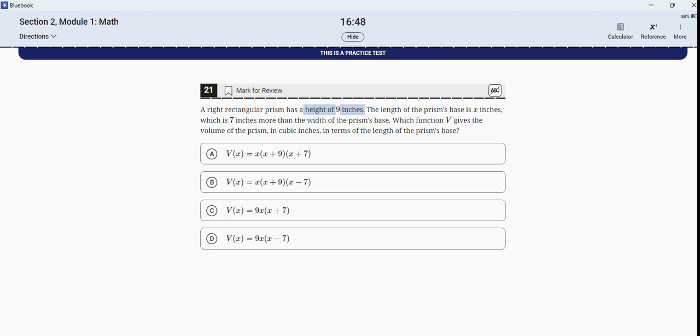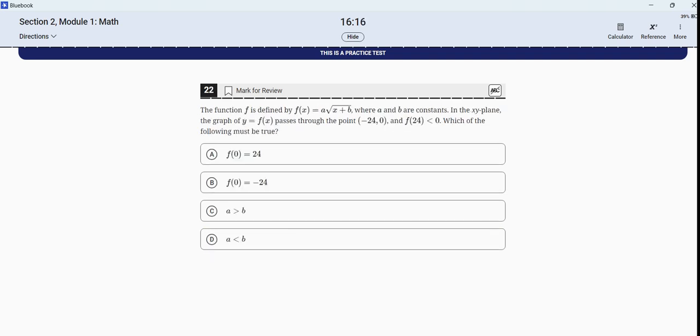So 9 times x, which is 7 inches more than the width of the prism base. So if you want to get 7 inches more, it's subtracted. So length is x, and width is x minus 7. Some students get confused with C and D. They think C is the answer.